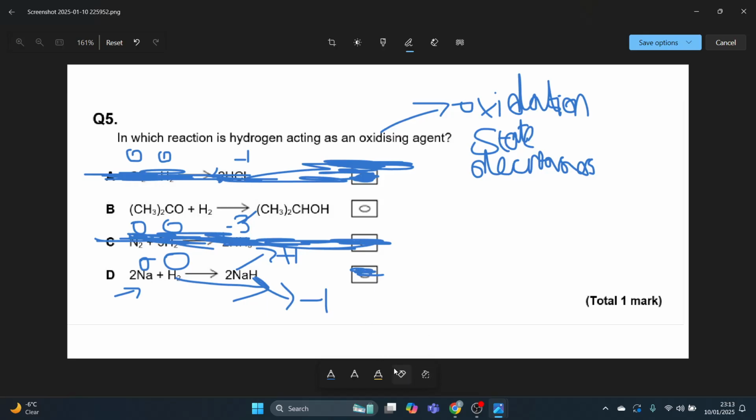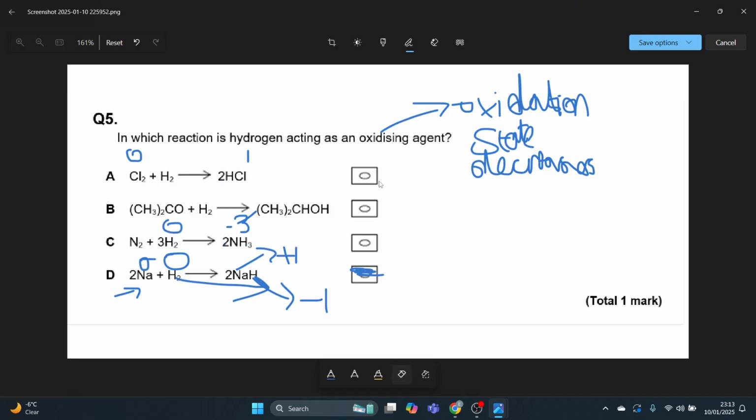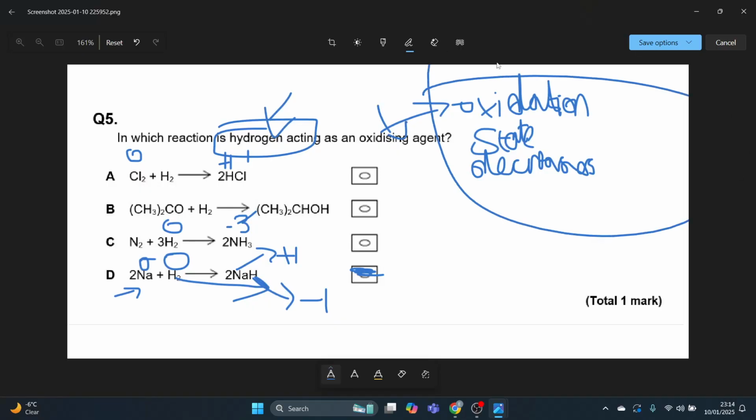Whereas if we look at part A and part B, in part A, I should have made this explicit. It's asking about hydrogen acting as an oxidizing agent, so the oxidation state decreases. So in this case, 0 to +1, that's acting as a reducing agent. In part C, 0 to +3, that's acting as a reducing agent.